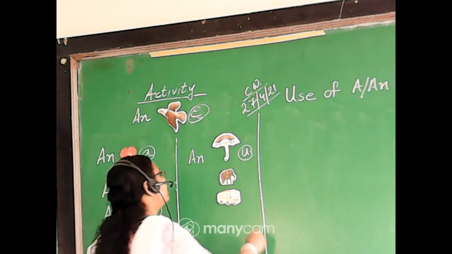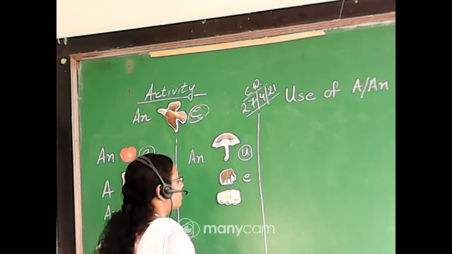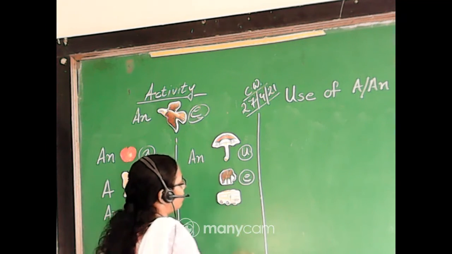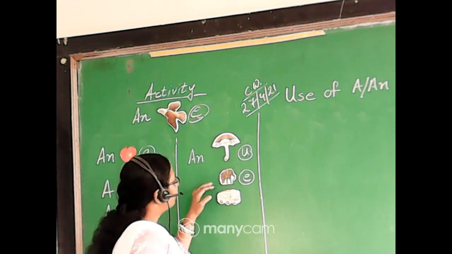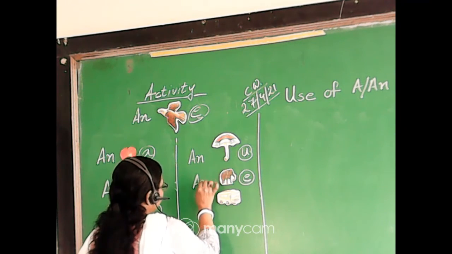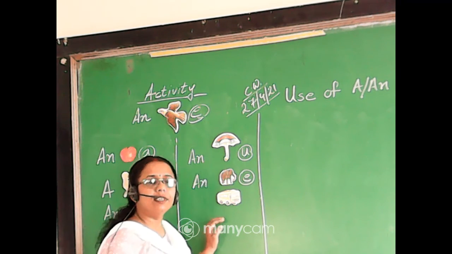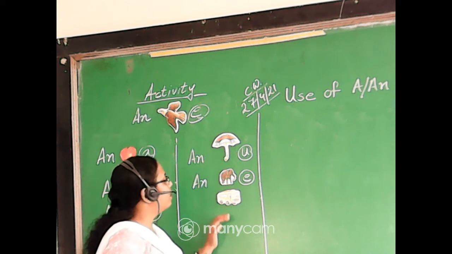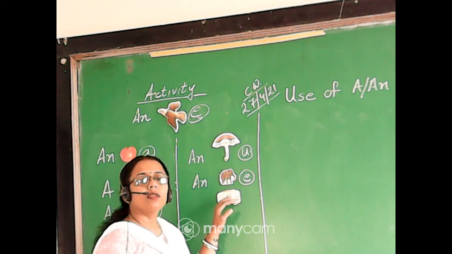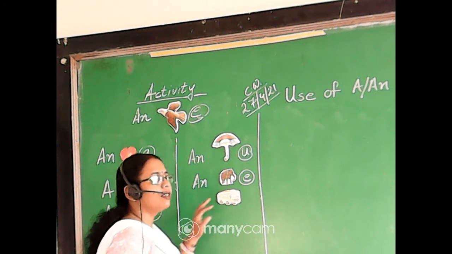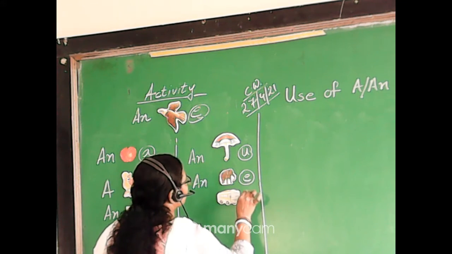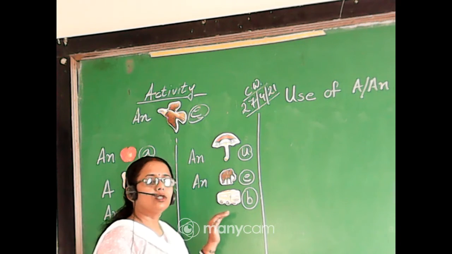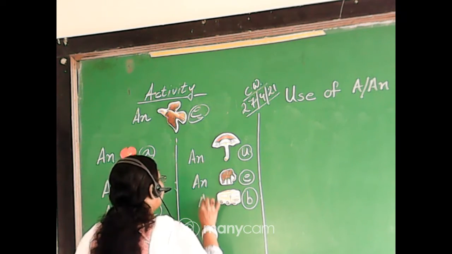The first letter is E. E for elephant, and it is a vowel, right? So we will write an elephant. An elephant. Next comes bus. The first letter is B. So here comes a bus.